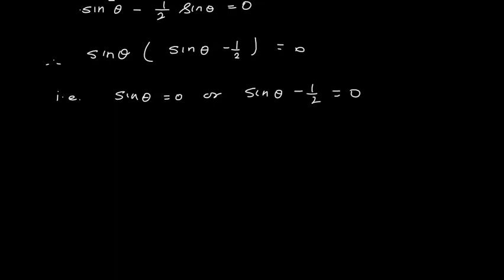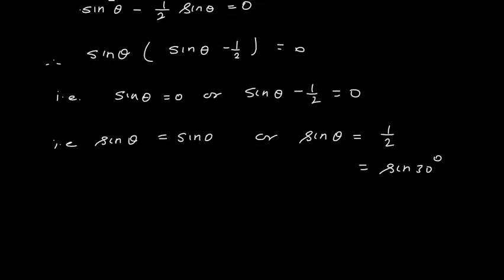Sin theta equals 0 means theta is 0, since sin 0 is 0, or sin theta is 1 by 2, and this 1 by 2 is nothing but sin 30. So from here I get theta is 0 degrees or theta is 30 degrees.